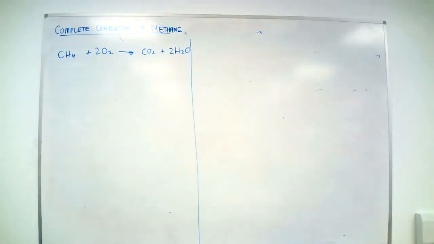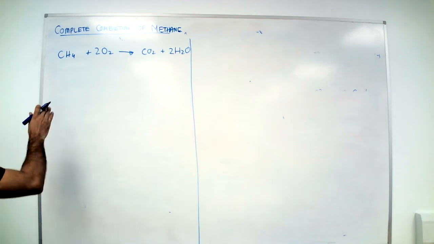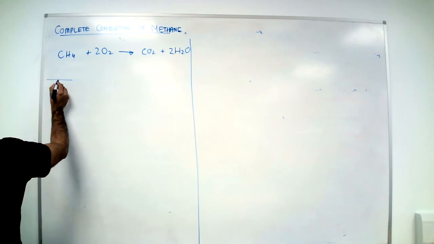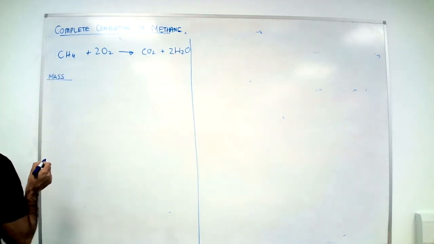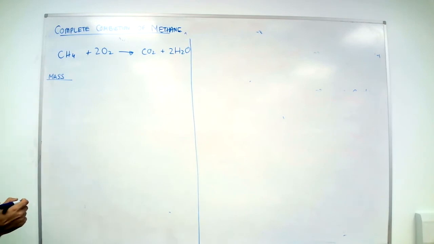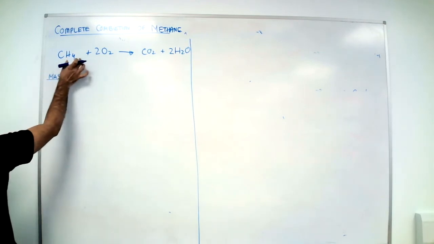Okay, this is the complete combustion of methane equation. Now we can do the analysis by mass and we can do the analysis by volume as well. If we do the analysis by mass, we need to convert the masses.